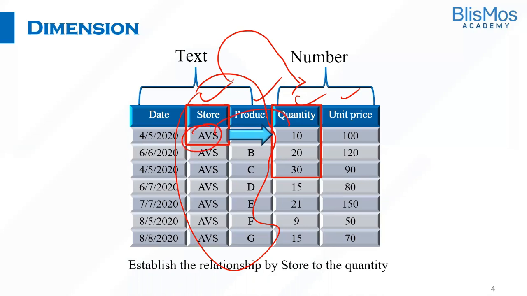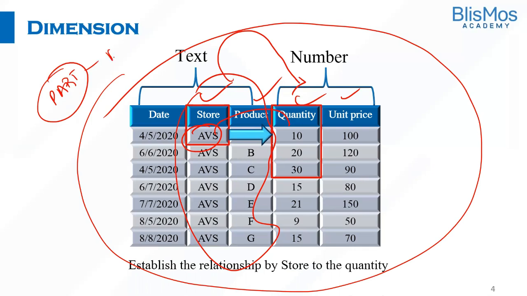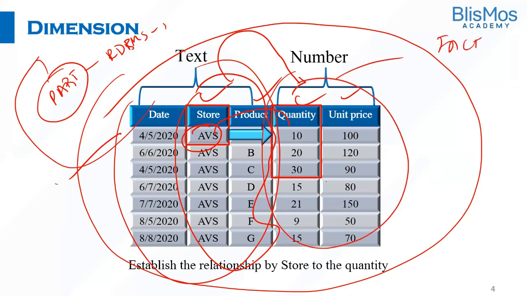So now the whole data is there as a part of an RDBMS database. Based on whether it is dimension data or factual data, we are trying to move that into a dimension table or fact table. Now once we move a certain number of columns into the dimension table and a certain number of columns into the fact table, you got to establish a relationship between these two, right?